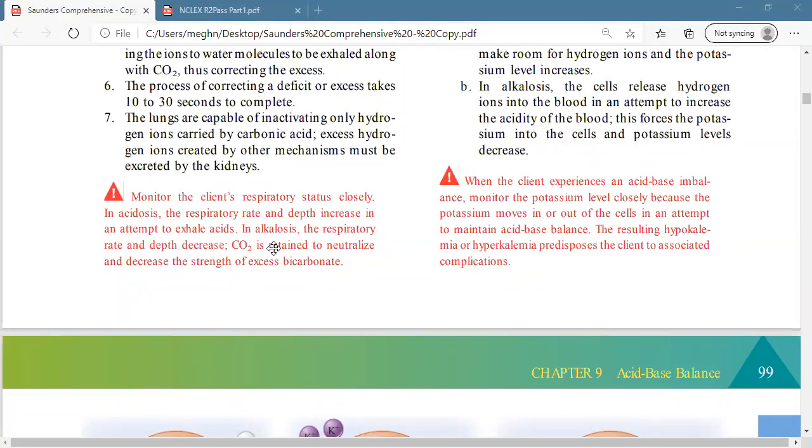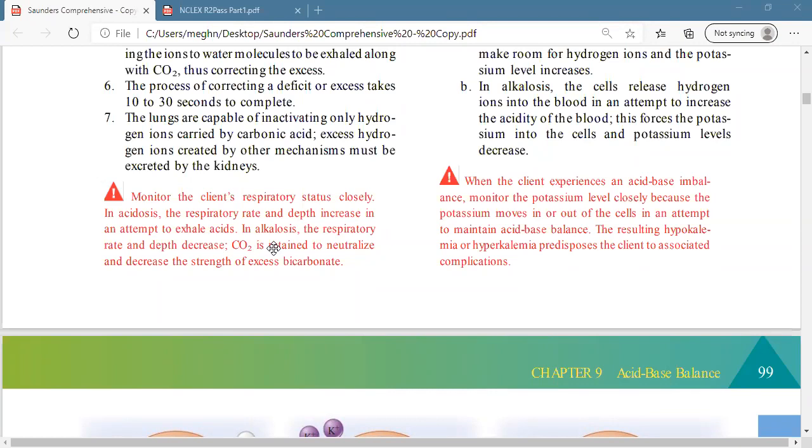And in acidosis, at least if you say I do not understand what acidosis is, make it easy. Acidosis means when hydrogen ion concentration is more than normal. So in case of acidosis, the respiratory rate and depth increase.